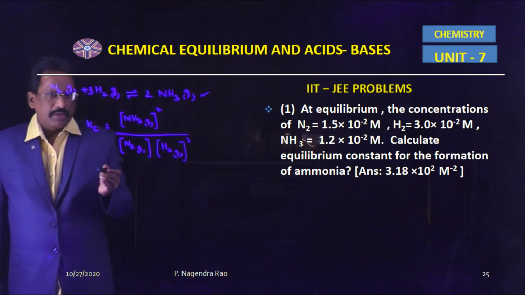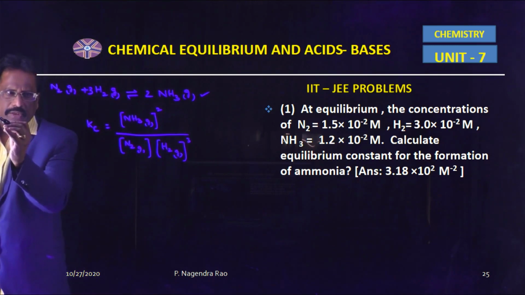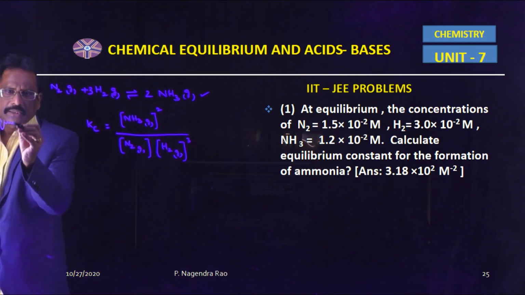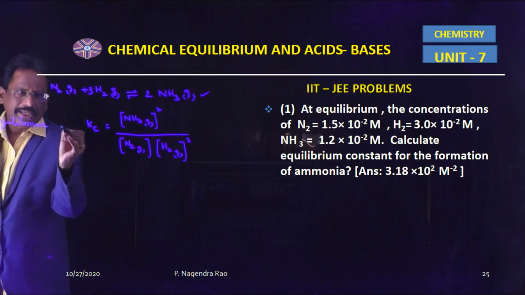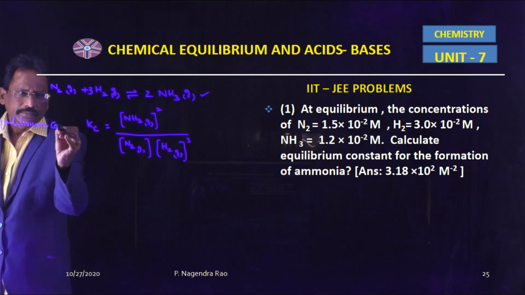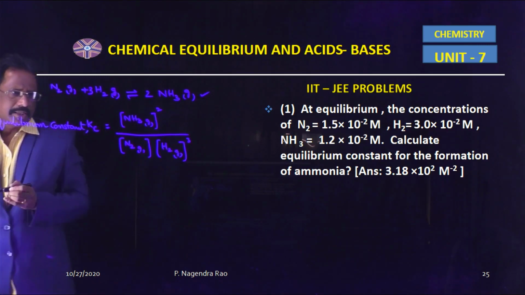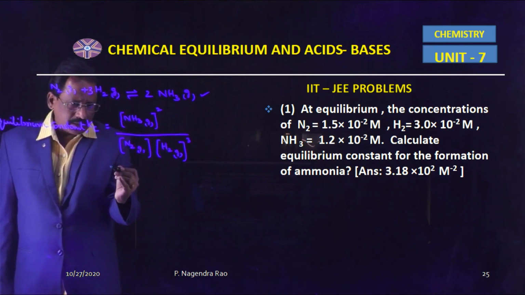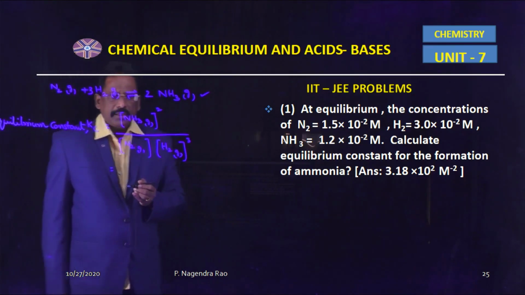According to law of chemical equilibrium, the equilibrium constant Kc is equal to the active mass of ammonia at equilibrium condition.